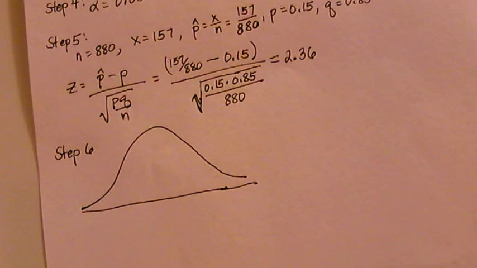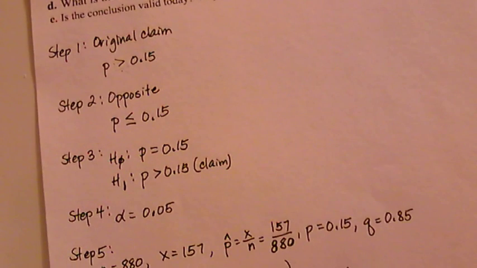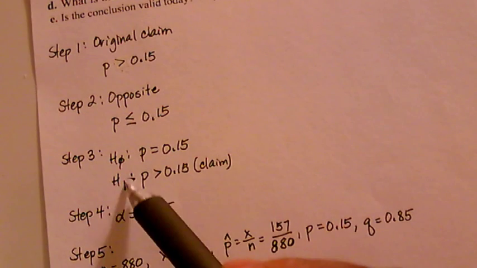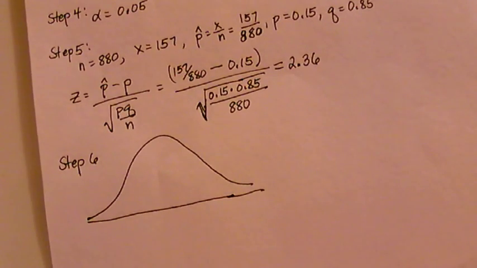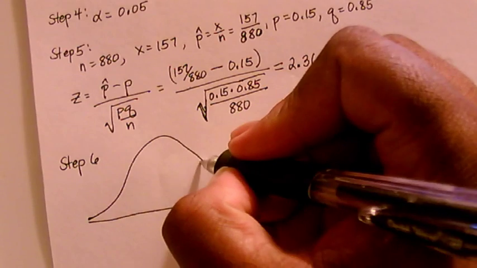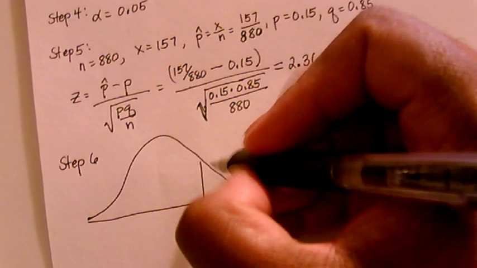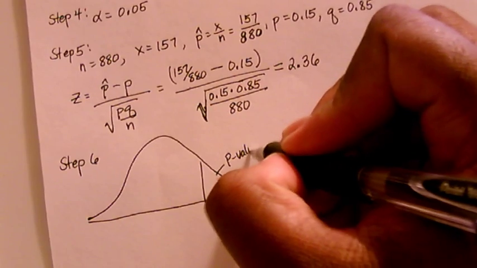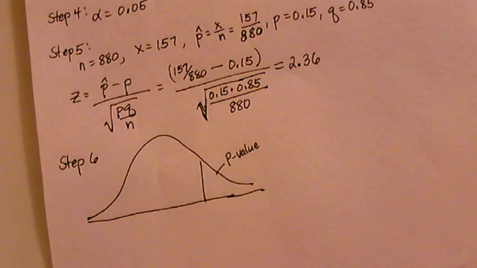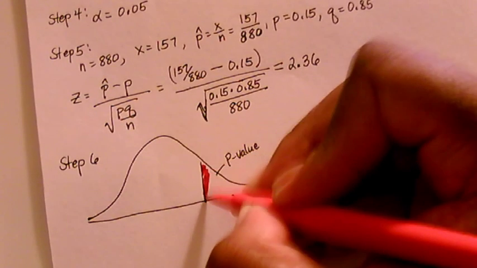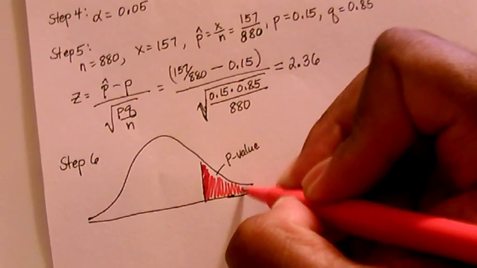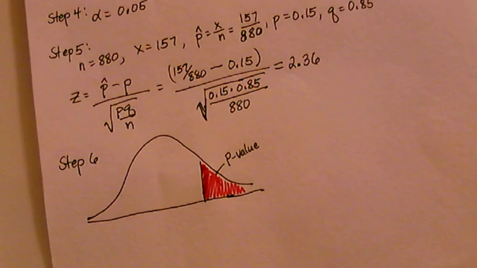Okay. Now, we look at our alternative hypothesis to determine whether it's a left tail, a right tail, or a two-tail test. The alternative says P is greater than. So in this case here, we're going to have a right tail test. So the p-value is going to be this shaded area to the right.